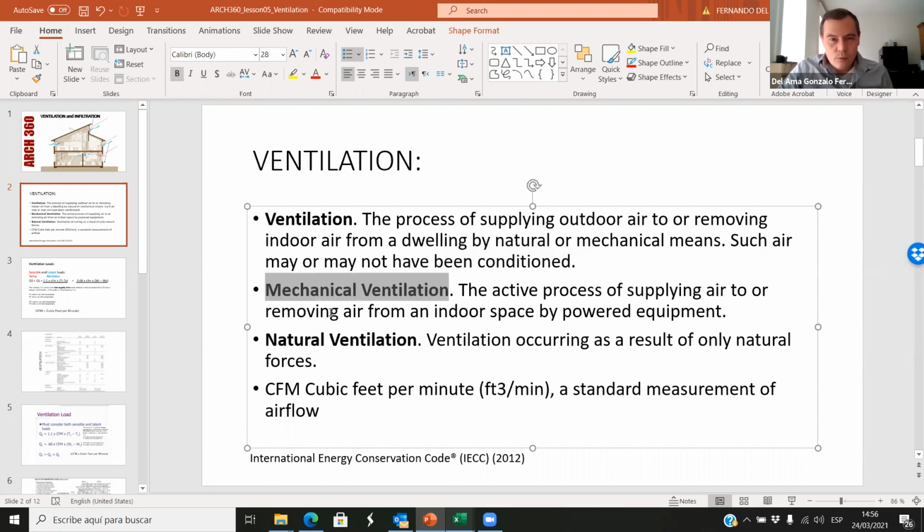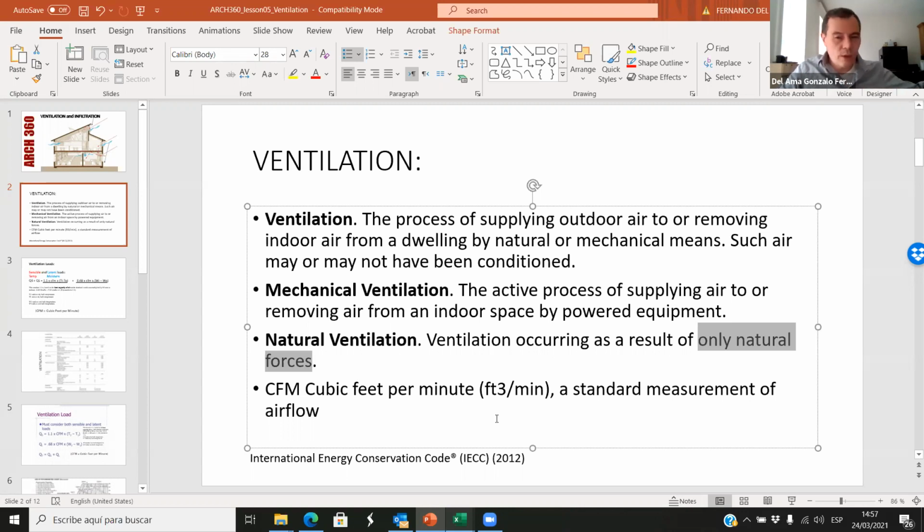With mechanical ventilation, we can control the air we remove and the air that we supply. Natural ventilation occurs as a result of only natural forces. And that's great because with mechanical ventilation, at least we need a fan, we need to move that air, and we are consuming some energy. With natural ventilation, we are not consuming energy.